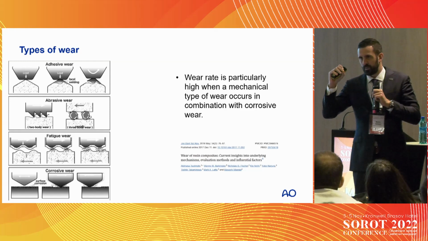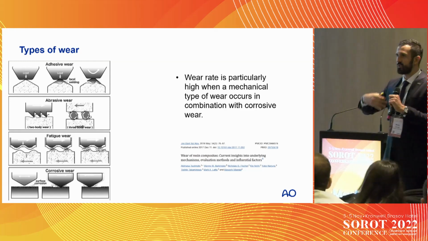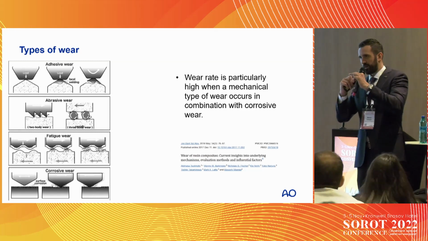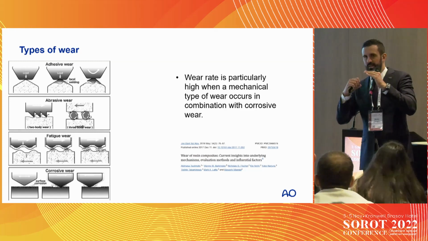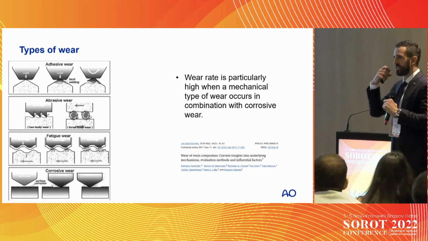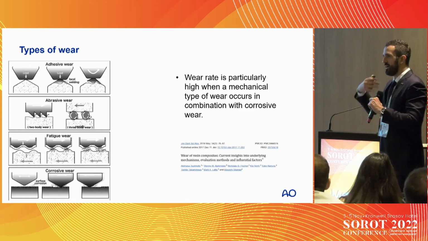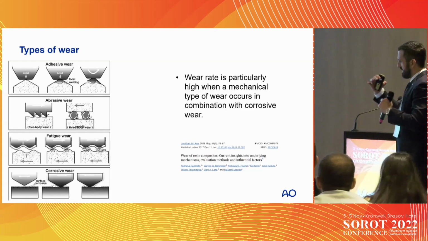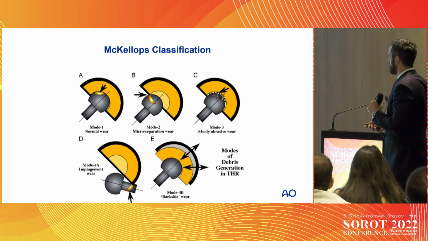If there are small pieces of that ceramic and you revise it with metal on polyethylene, small pieces of ceramic can get stuck between the metallic head and the polyethylene liner, and that can cause really terrible wear, where in a few months the acetabular component can be dissolved.